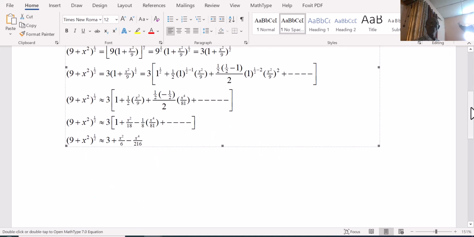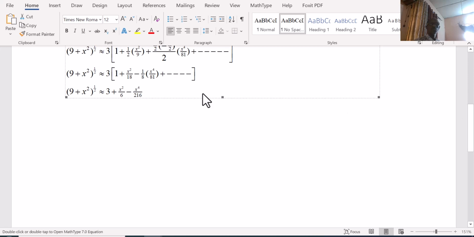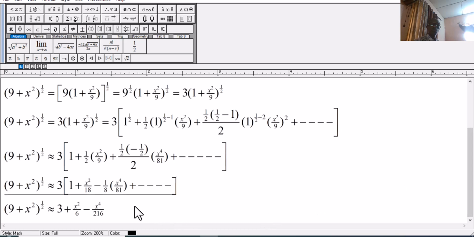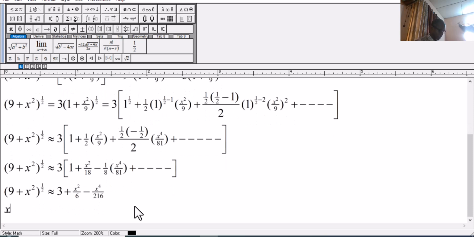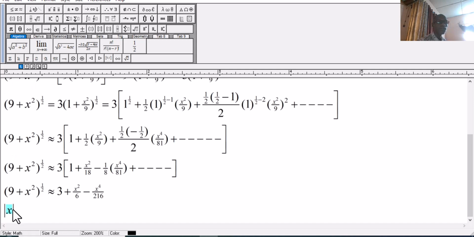So the next part of the question says, for what value of x is the expansion valid? That is quite simple. Just imagine that we have absolute x squared, because that is squared. x squared is less than 9.